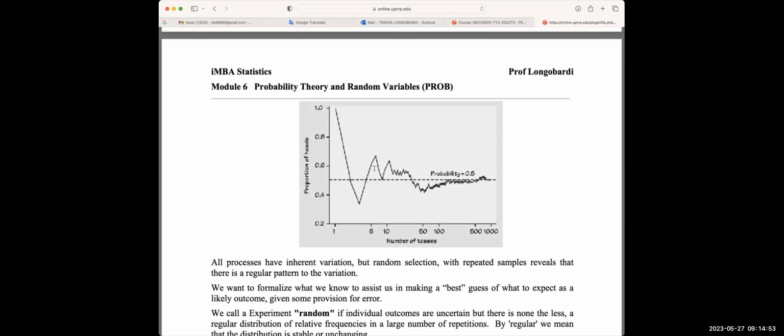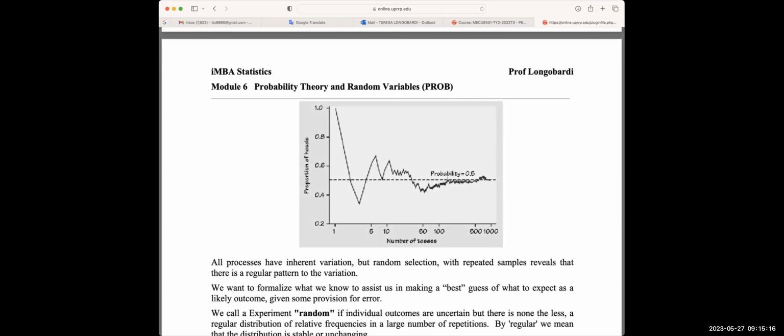And so notice that it is settling, the more we do this experiment. You flip once, you flip twice, 3 times, 5 times, 10 times, and you plot the proportion of heads. It begins to stabilize. It's very erratic here, but then after maybe 200 flips, it begins to stabilize.